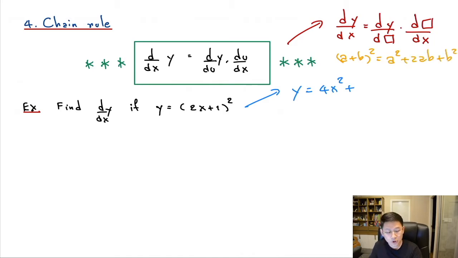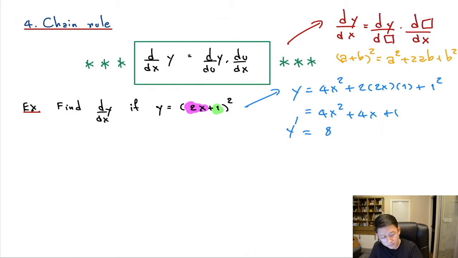Applying the formula directly, y equals 4x squared plus... look at this as a, and this is b. So a squared, which is 4x squared, plus 2 times a, which is 2x, times b, which is 1, plus b squared, which is 1 squared. So this is 4x squared plus 4x plus 1, and the derivative is 8x plus 4, and that's it, right? So we can do it directly.